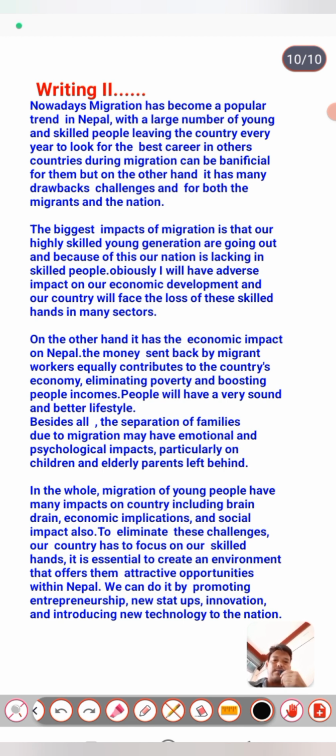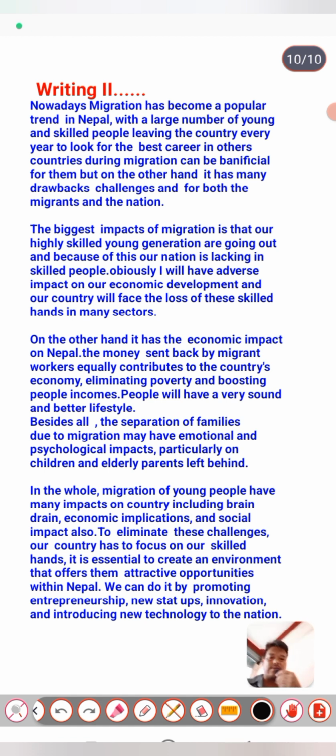So the money from remittance will definitely eliminate poverty and boost the standard of living of common people, and they will have a sound and better lifestyle.